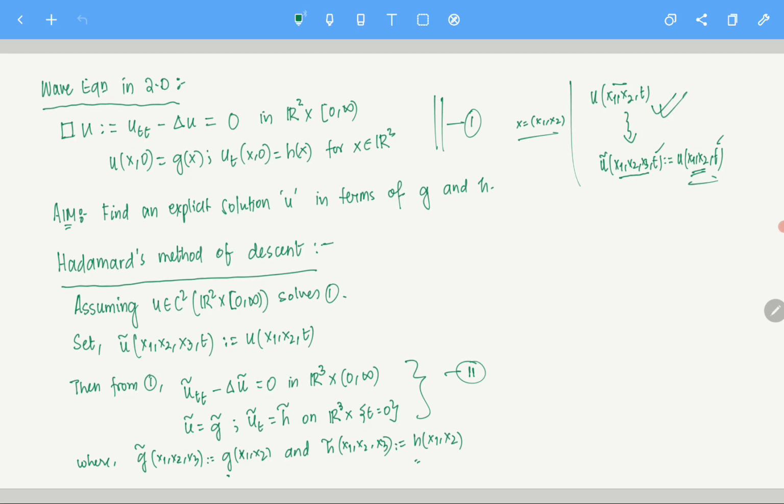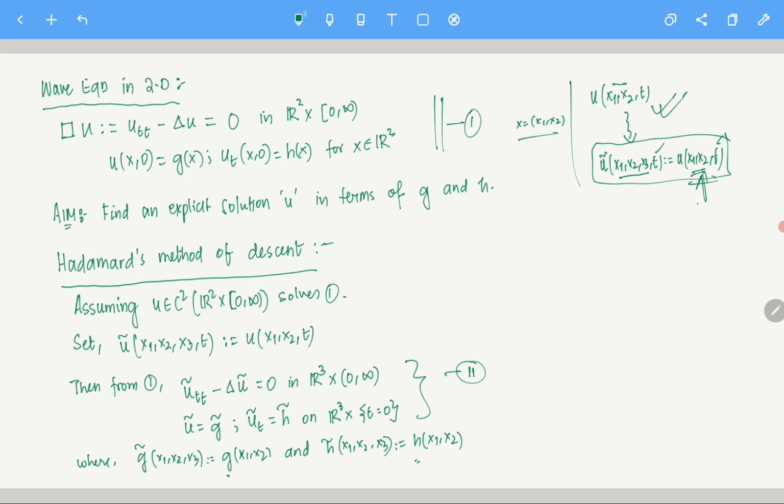For the two-dimensional wave equation, we define a new function, a three-dimensional function for a fixed time, defined by this two-dimensional u. This is assuming there is a solution u. How do you know there is a solution? Of course there is, by the Cauchy-Kovalevsky theorem, but we are not going to delve into that for now.